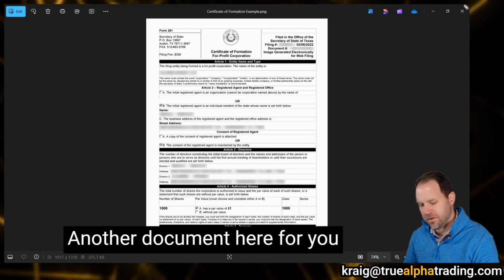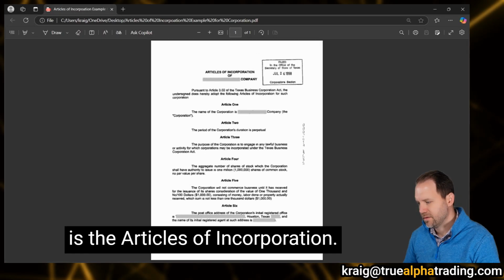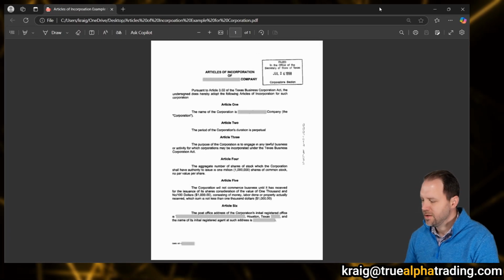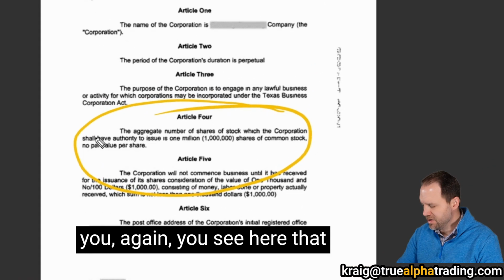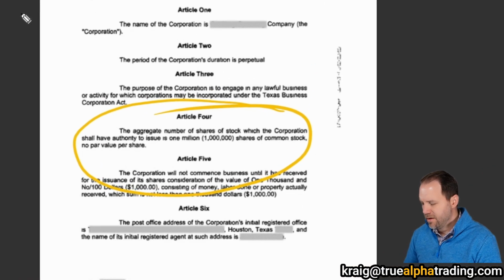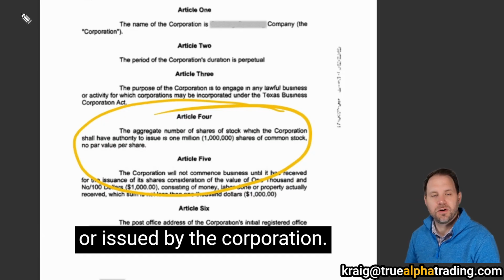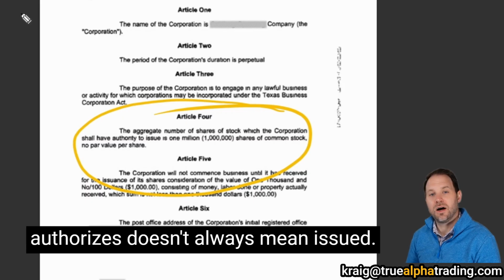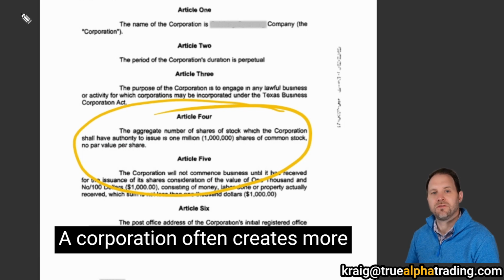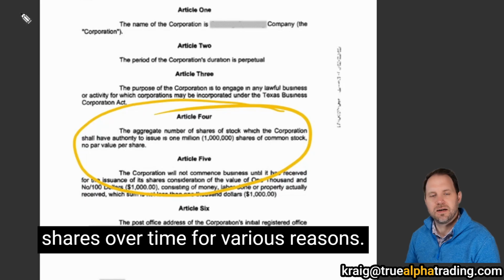Another document here for you is the Articles of Incorporation. You see here that what's defined in here is the amount of shares that are actually authorized or issued by the corporation. One thing to note is that the shares of stock that a corporation authorizes doesn't always mean issued. A corporation often creates more authorized shares and then issues shares over time for various reasons.